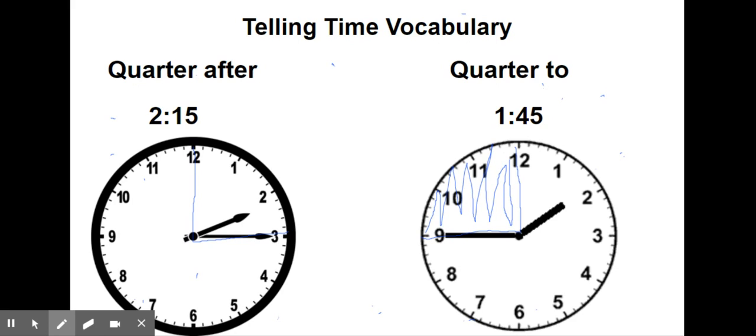So instead of being a quarter after, it's a quarter to. So in this clock, for example, we look at the hour hand and we see it's in between the 1 and the 2. So we go to the hour that comes before. So it's 1:45. We could also say it's a quarter to 2. It's a quarter until 2. There is a quarter of the clock that it has not passed yet.